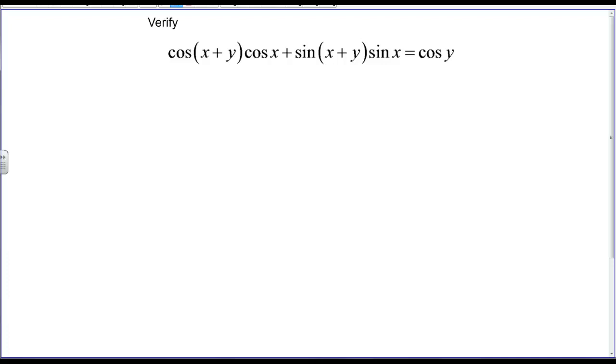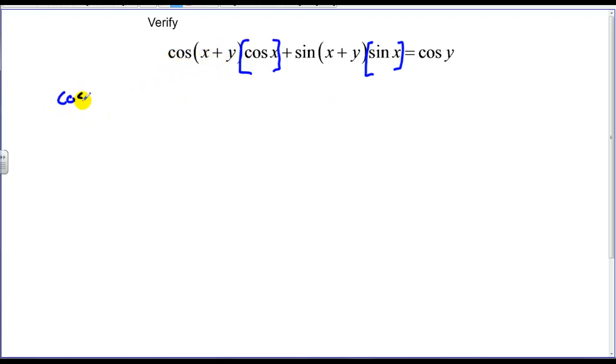Another verification, you've got to show that this quantity is equivalent to cosine of y. We've got an expansion to do. Now notice this cosine here is a multiplication. This sine here is a multiplication. So we're going to have to multiply that into whatever we get after we expand these sum and difference identities. So the cosine of x plus y, that's cosine, cosine, sine, sine, opposite correspondence.